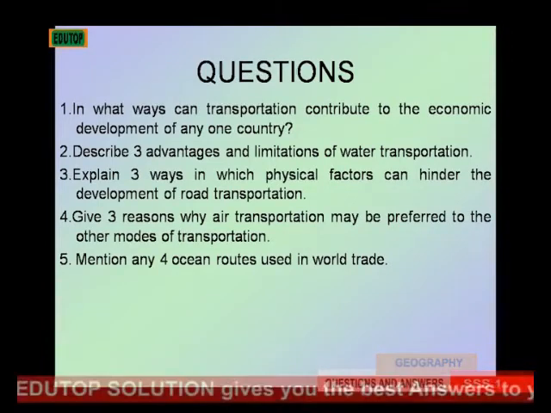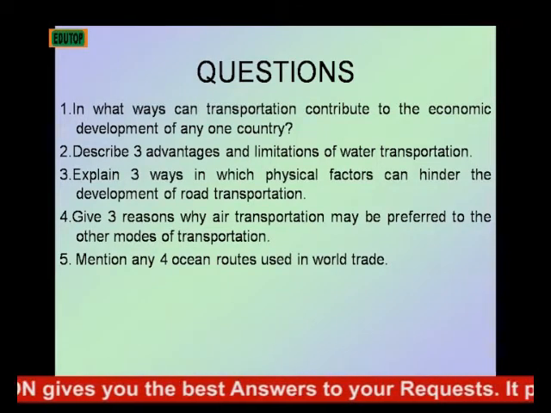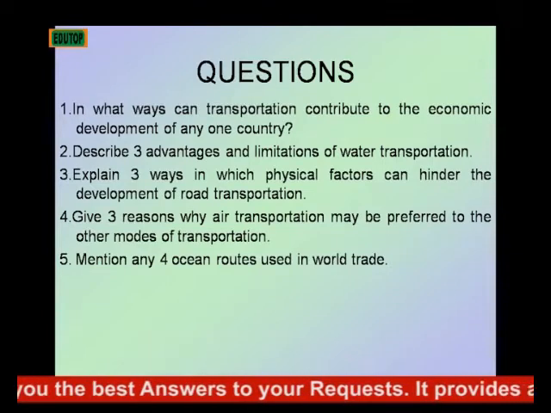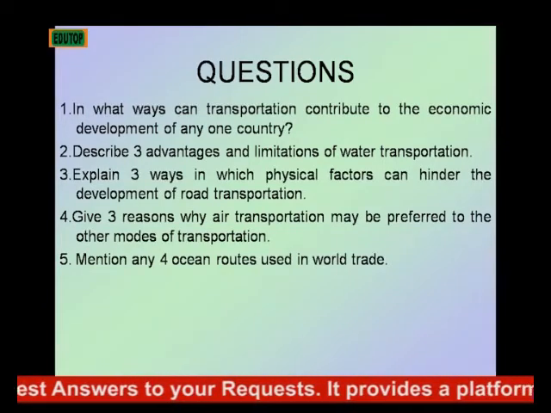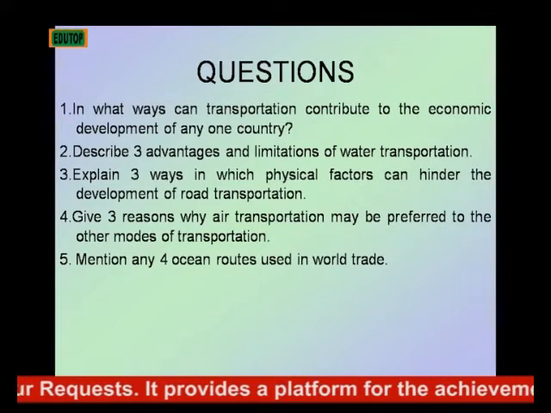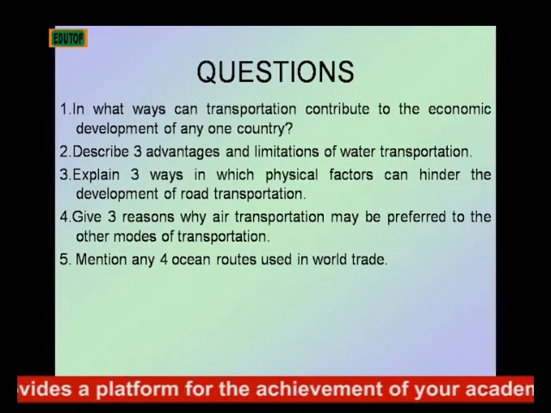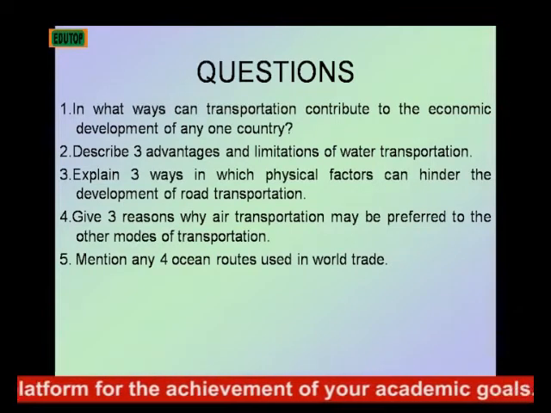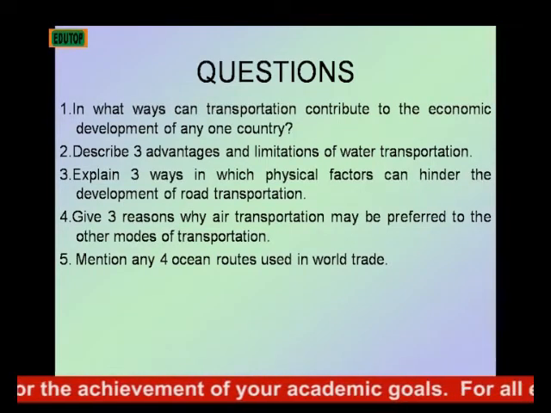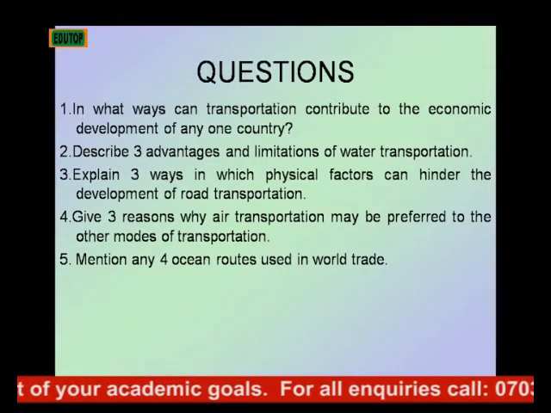Number 4, give 3 reasons why air transportation may be preferred to other modes or means of transportation. And lastly, number 5, mention any 4 ocean routes used in world trade.